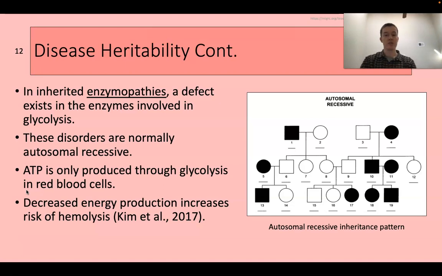These disorders are almost always autosomal recessive, which is a good thing. Glucose 6-phosphate dehydrogenase deficiency is an X-linked recessive disorder caused by mutations in the glucose 6-phosphate dehydrogenase gene, which negatively affects the stability and the activity of the enzyme.